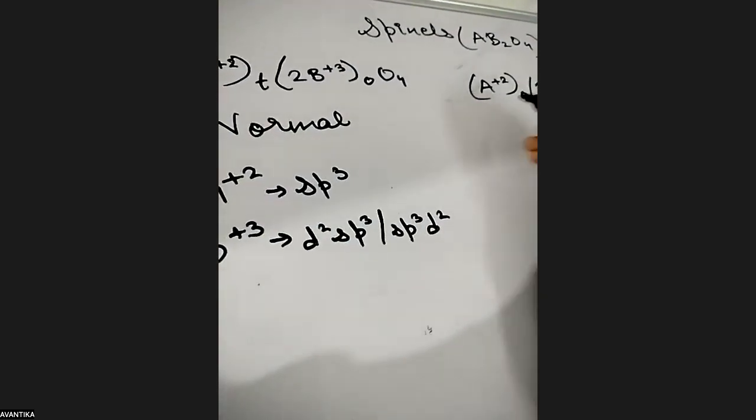And in case of inverse spinel, the metal in A2+ oxidation state is d2sp3 or sp3d2 hybridized, and one of the B3+ is generally sp3 hybridized, and another is sp3d2 or d2sp3 hybridized.